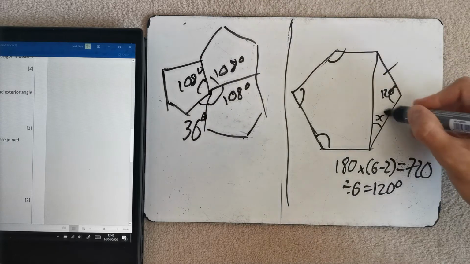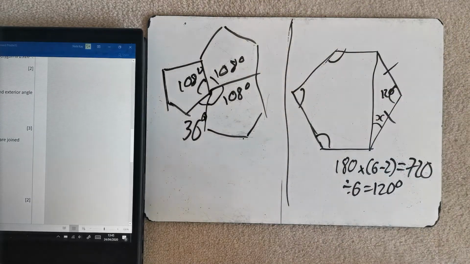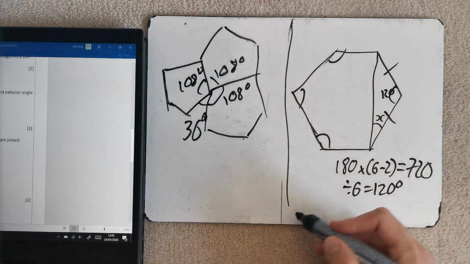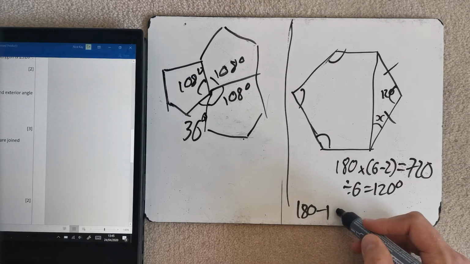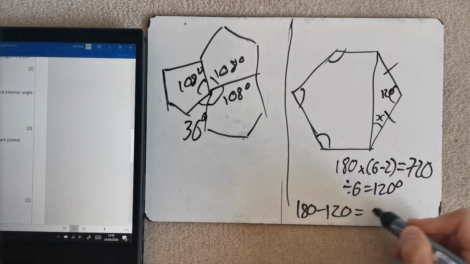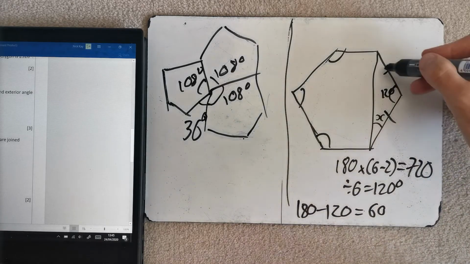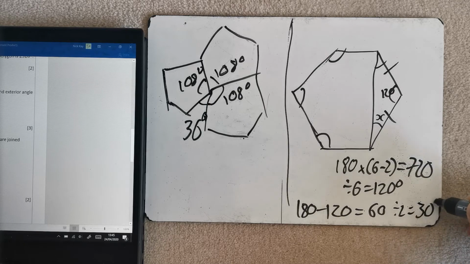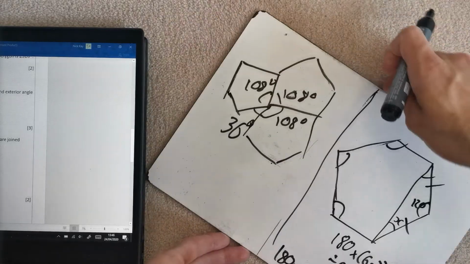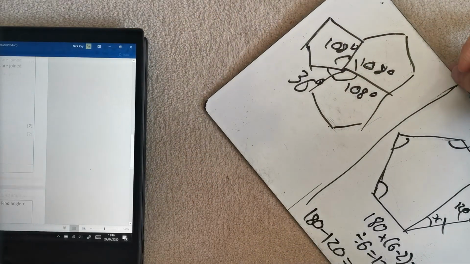Now you might notice there's an isosceles triangle there. Okay, so if we do 180 degrees, take away the 120, we get 60 degrees. If we half it, we're going to get 30 degrees for each one of those. Okay, right.